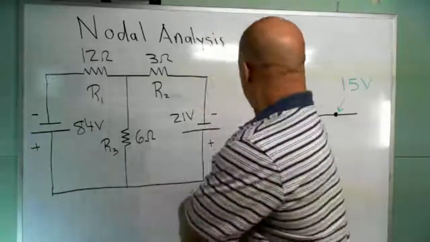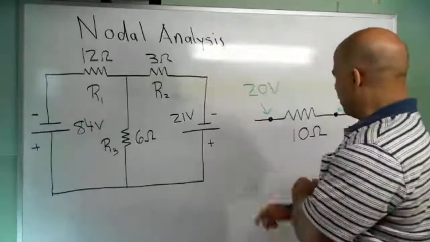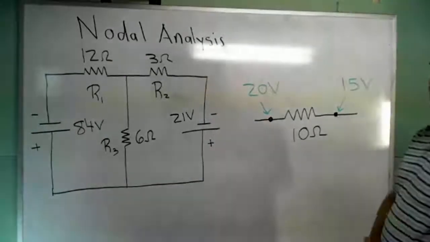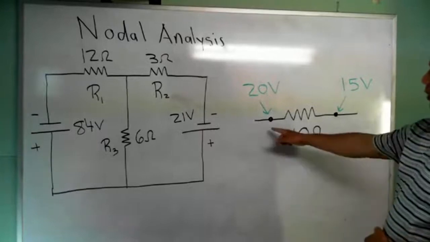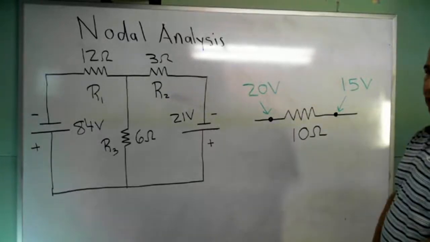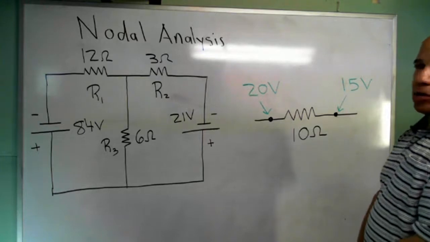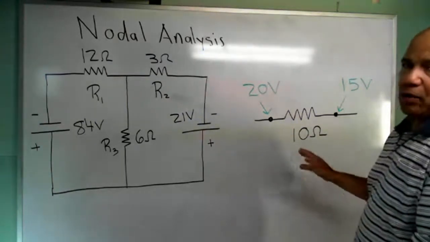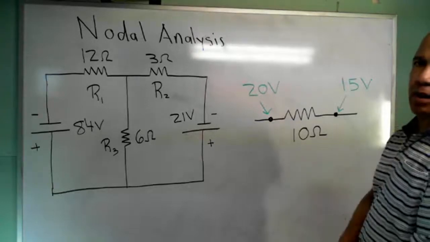I have a problem over here on the board. I have a 10 ohm resistor. I know the voltage on one side of the resistor is 20 volts. On the other side is 15 volts. You can probably do this in your head, but I want you to write down the steps to finding the current.